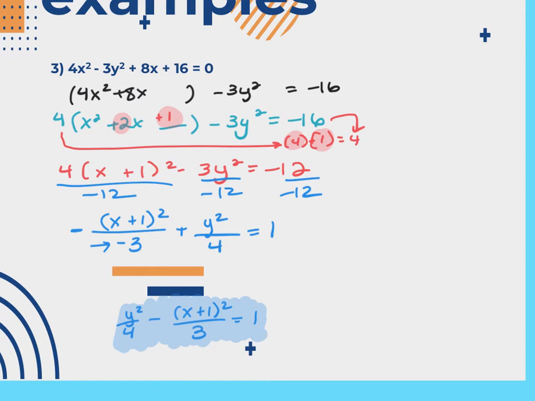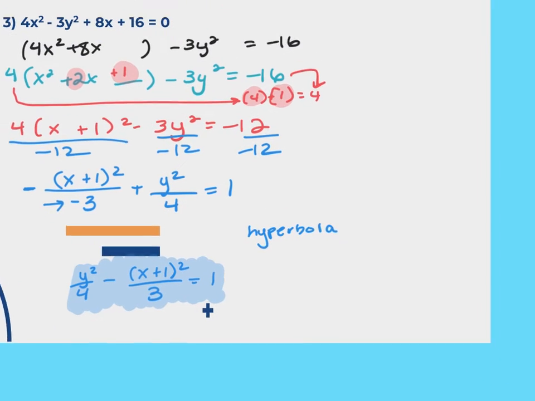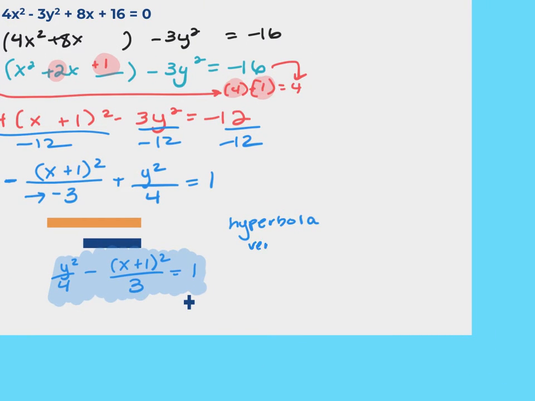It is a hyperbola. What kind of hyperbola? Vertical or horizontal? Vertical, because the y comes first. So if it's a hyperbola, I need a center, I need the vertices, and I need the asymptotes.